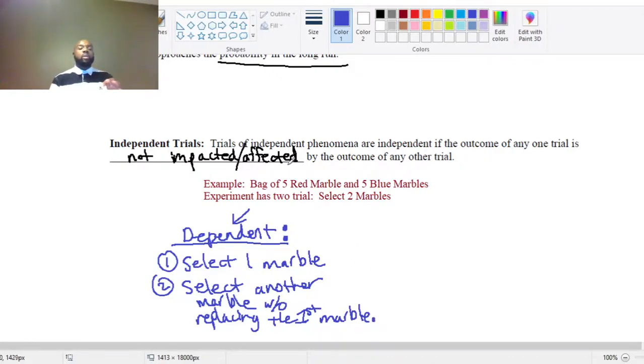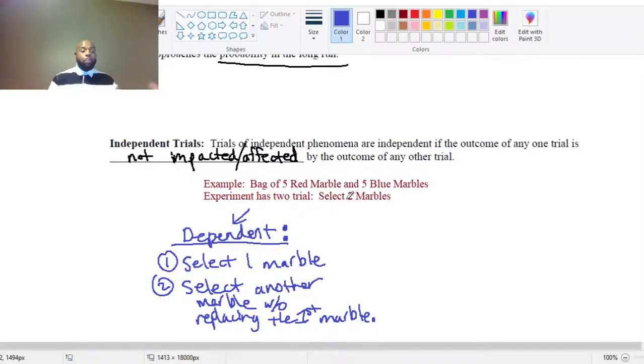Well, since there were 10 marbles in the bag at first, and I selected one of those marbles, the probability that it is a blue or a red marble, either or, it doesn't matter. Let's go with red. The probability that it's a red marble is 5 out of 10, right? Because there's 5 red marbles in there and there's 10 in total.